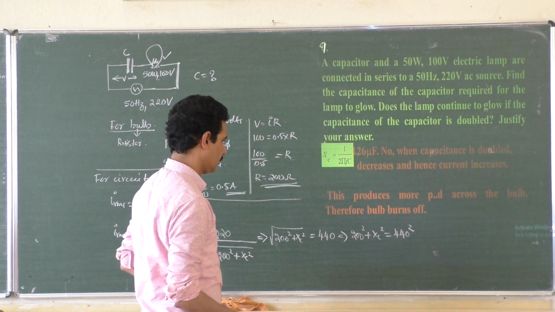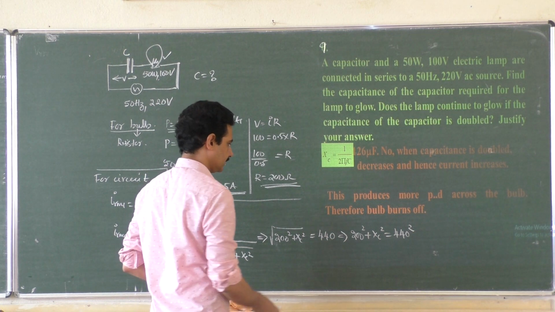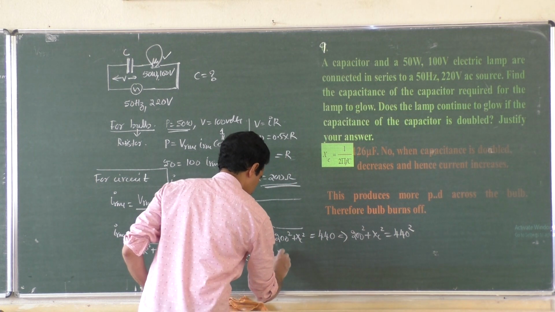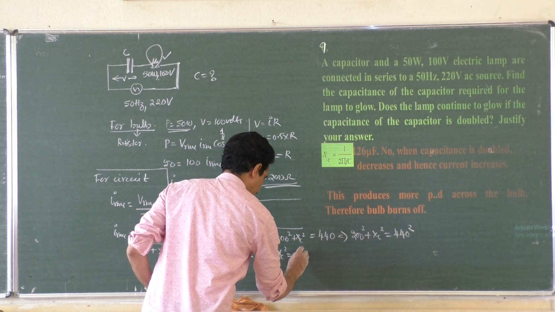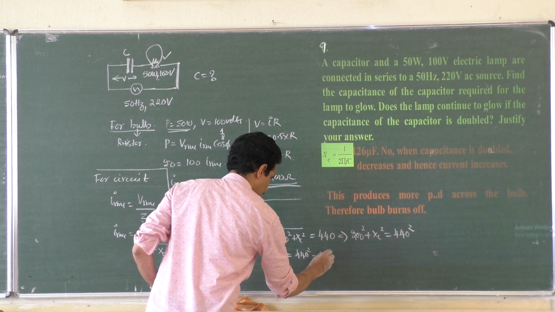So XC square is equal to 440 square minus 200 square.